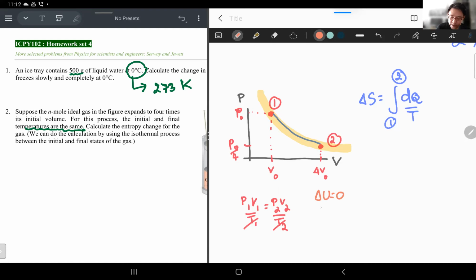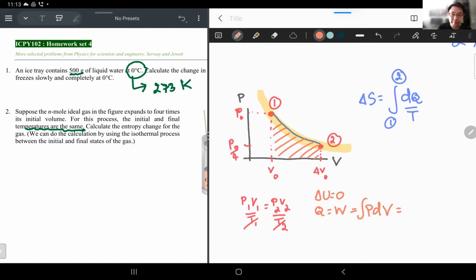So the first law of thermodynamics says Q must be equal to W. Yes, very good. And W is going to be the integral of P dV. This is a good review for the isothermal process as well. The integral of P dV is just the area under the curve right here. We did that in class.